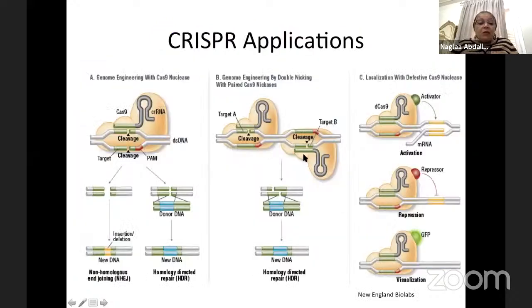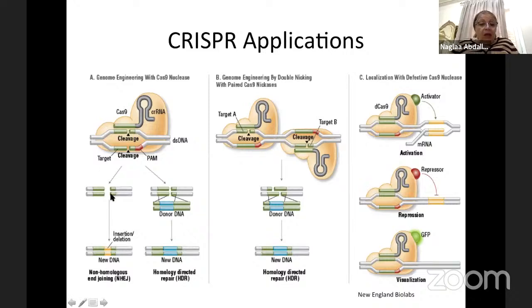For CRISPR, we have the enzyme itself and the guide RNA, which identifies the sequence in the genome. The enzyme will make a double-strand break at the specific site. And we depend on the cell itself to recover the damage, because if the damage is not repaired, the cell will die and we will lose the mechanism.